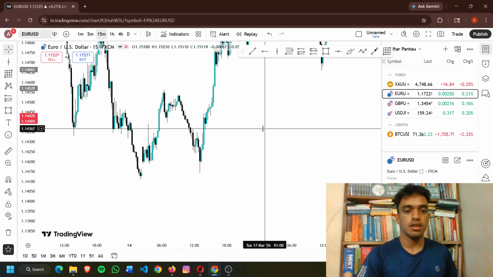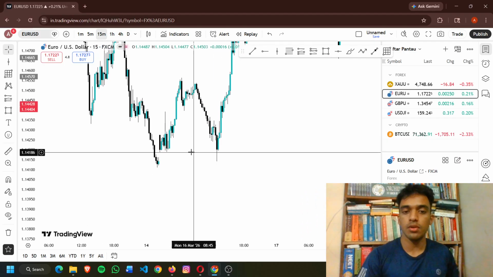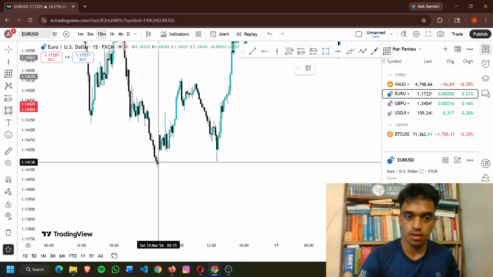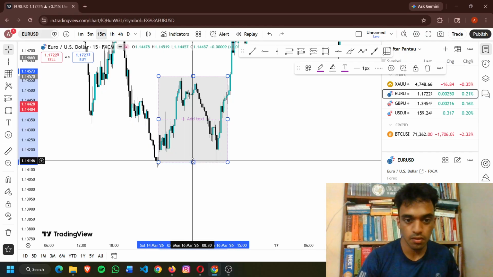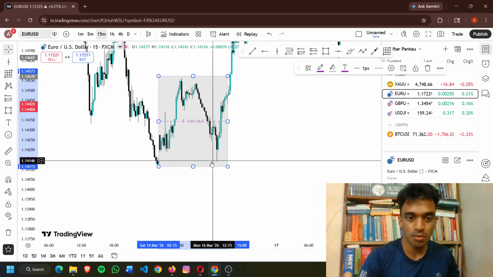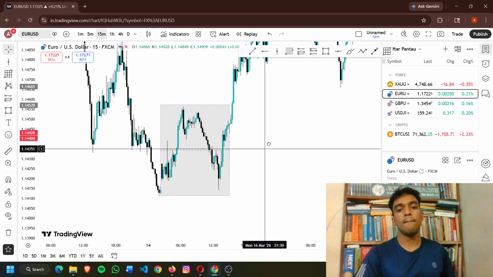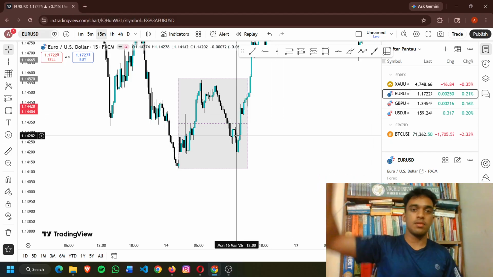I hope you guys can understand. Up move prior to a down move. This is also an equilibrium if you guys can understand. It almost hit the stop loss, but yeah, it came down, capitulated, boom, and then went up.